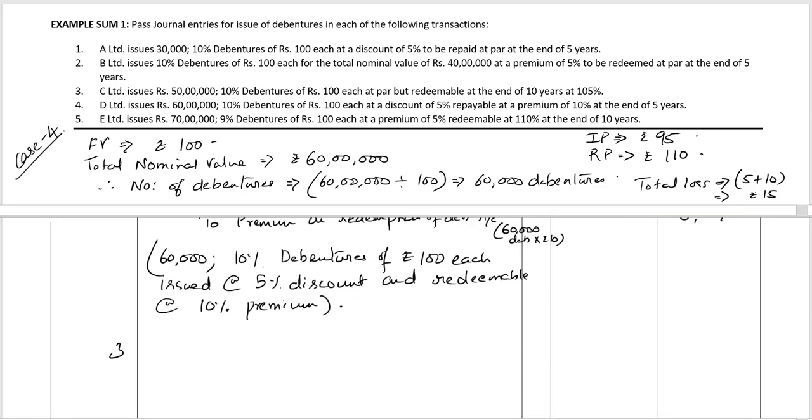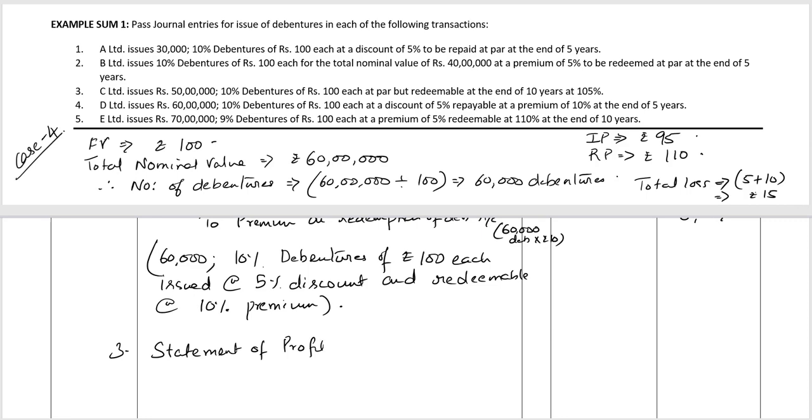The third entry, we need to write off the loss on issue of debentures. Statement of profit and loss account debit. The amount of loss 9 lakh rupees.